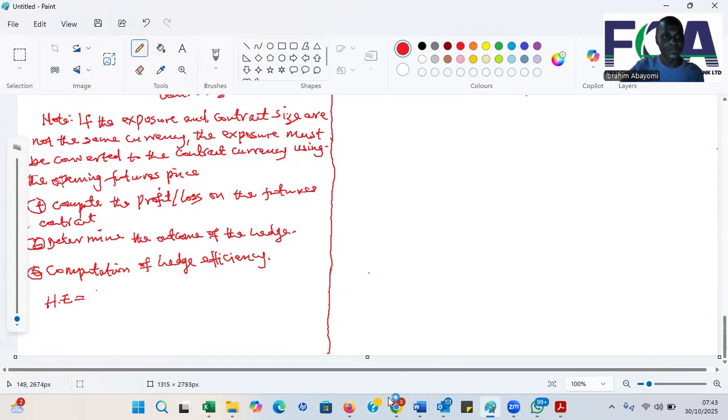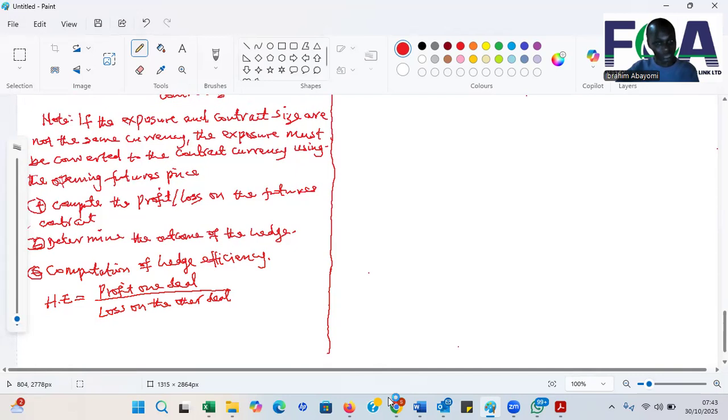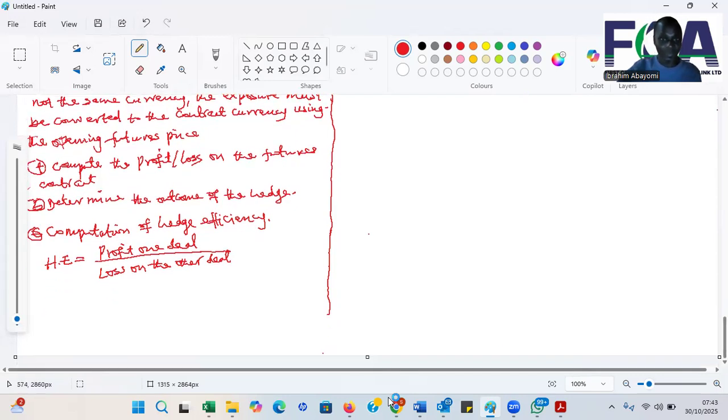The hedge efficiency is calculated as profit on one deal over loss on the other deal. What do we mean by deal here? When we are hedging using futures contracts, we are dealing with two markets: the spot market and the futures market.